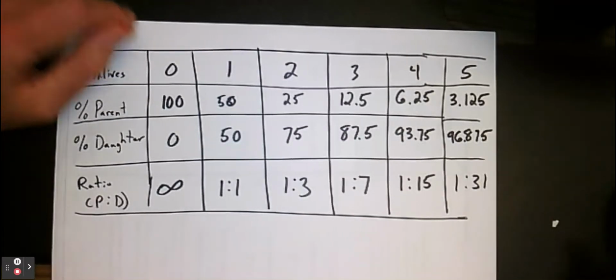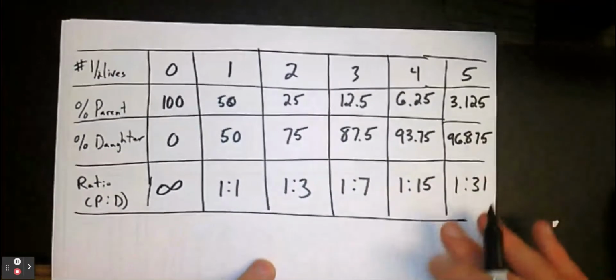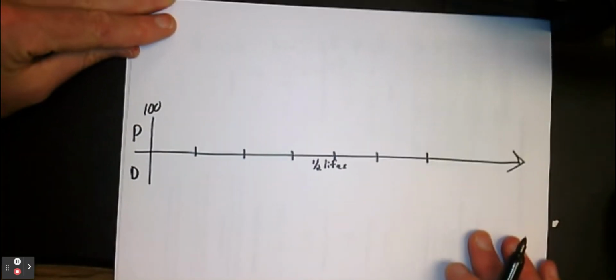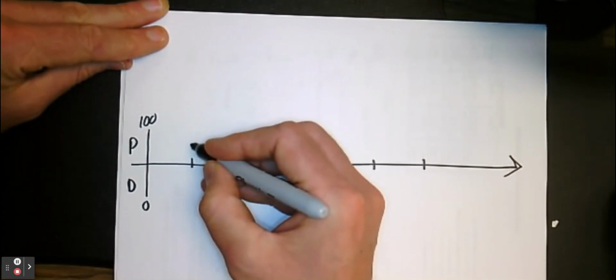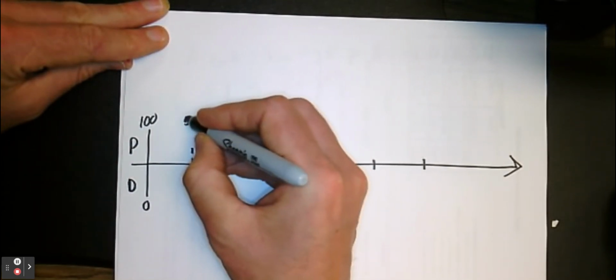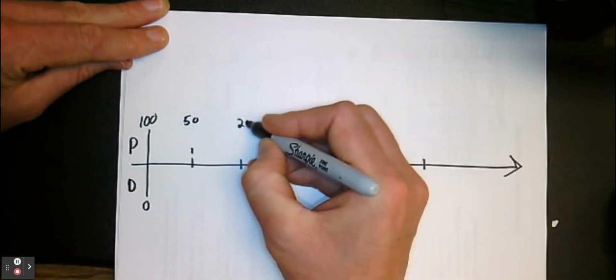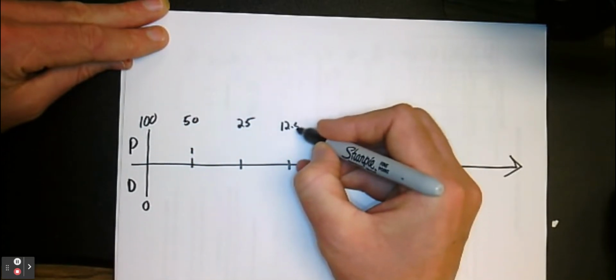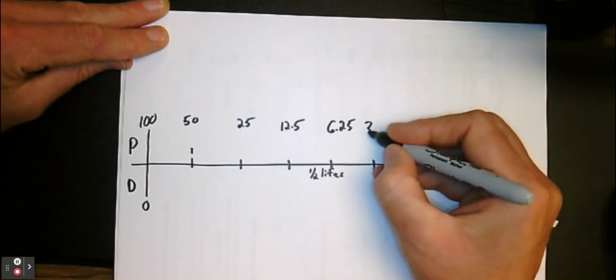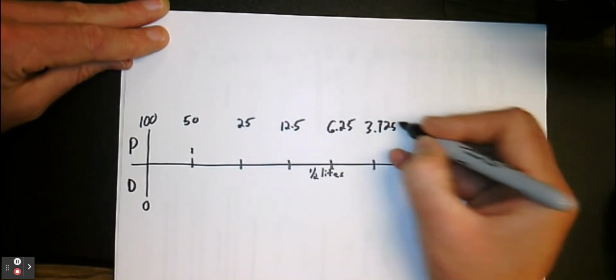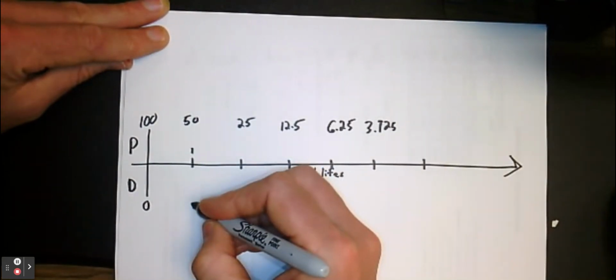You could think of all this data in another way. You could think of it as a timeline where I start with 100% parent, zero daughter. At 1 half-life, it's 50, then 25, 12.5, 6.25, and 3.125. And then it's going to keep going down and down.